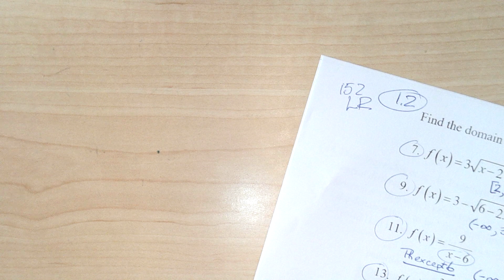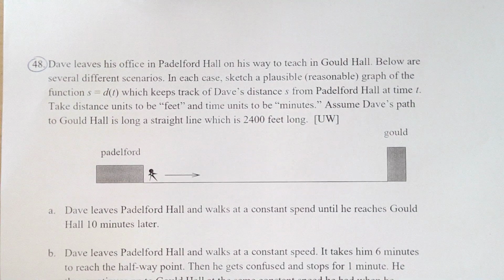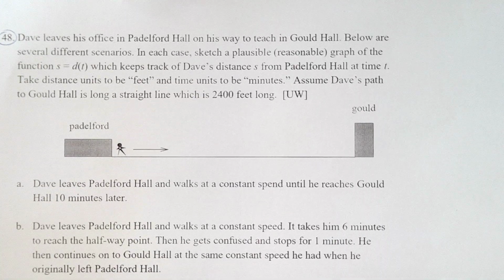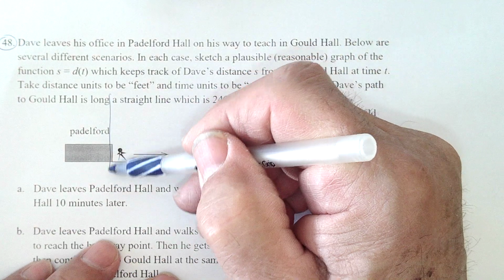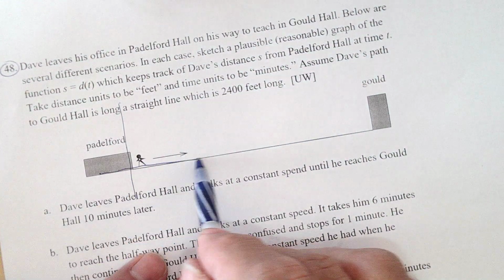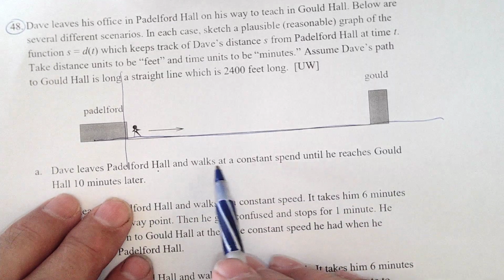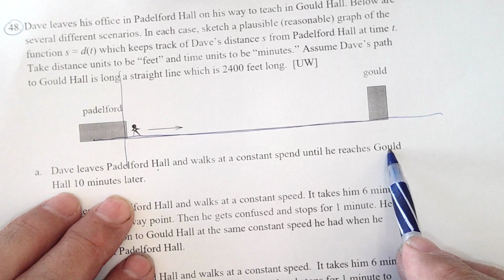So there were questions on those, so I did those, and then I'm going to do 48. Some people were struggling with that. Okay, well, I'm going to pretend like this is the graph right here. Dave leaves Padelford Hall and walks at a constant speed till he reaches Gould Hall 10 minutes later.